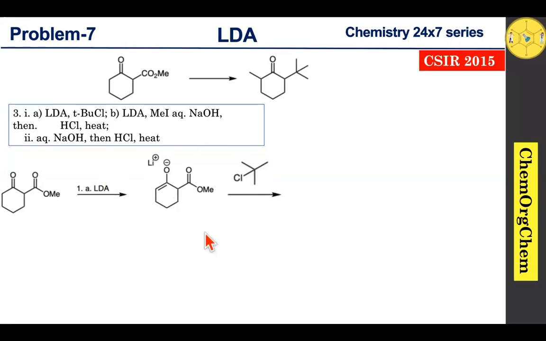In principle, these enolate ions readily undergo SN2 type reactions, but tertiary butyl chloride is an SN1 electrophile. Therefore, this reaction may not proceed even if you use this enolate ion and tertiary butyl chloride, and instead it readily undergoes an elimination type of reaction.